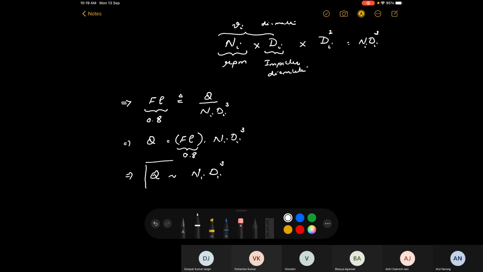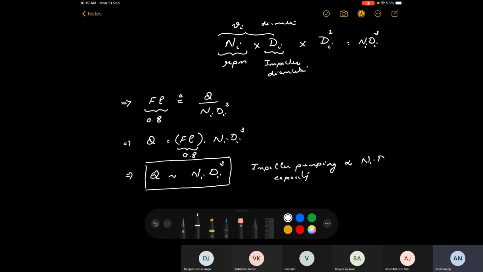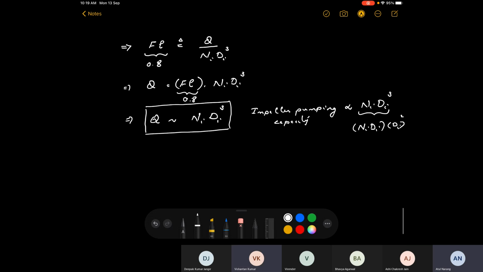So the main point here is that pumping impeller pumping capacity is proportional to N sub I D sub I cubed, which, as you remember, came out of the formula N sub I D sub I multiplied by D sub I squared. That's how we got it. Is that part clear? That the pumping capacity of an impeller is basically N sub I D sub I cubed. Okay.